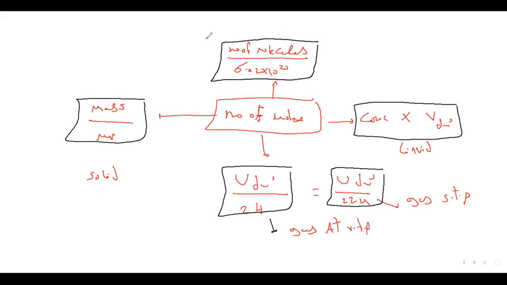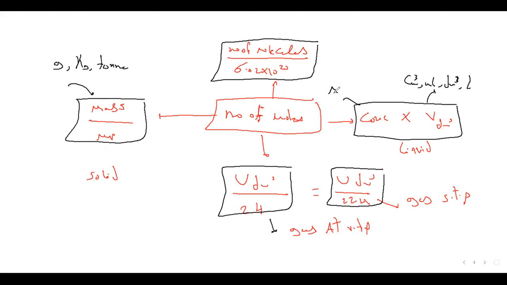How can I know which one I use? Mass over molar mass is for solid. The mass must be known from the unit, which will be gram, kilogram, or ton. For the volume: centimeter cubed, milliliter, decimeter cubed, or liter.